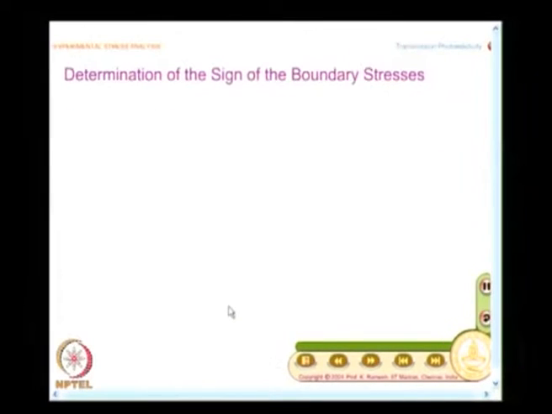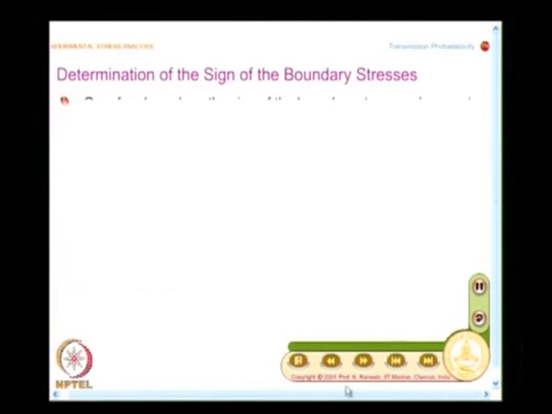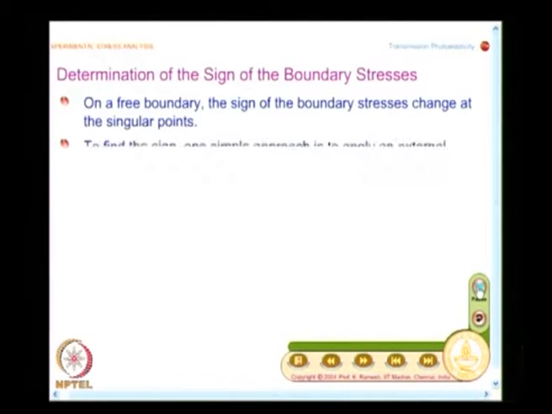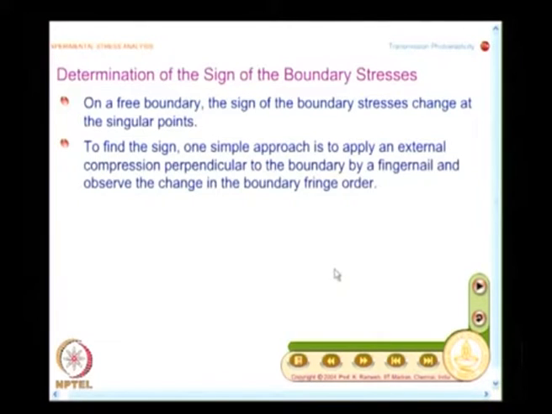You can do that if you calibrate the polariscope, and we have seen what calibration you need to do. Then what we move on to is another simple piece of information. In many of the problems, we want to know what is the sign of the boundary stress.